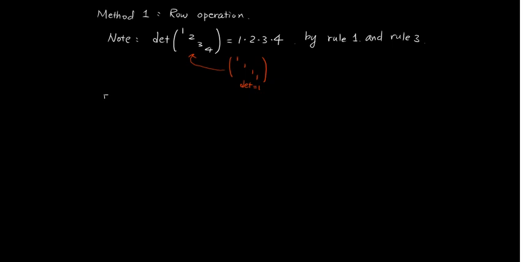Then we are going to do the row operations to kill everything. This is just an example, okay? And we want to calculate the determinant of this 4x4 matrix. So first, you can move this up. You can also move this up and move this up.